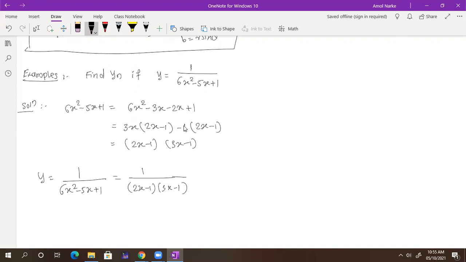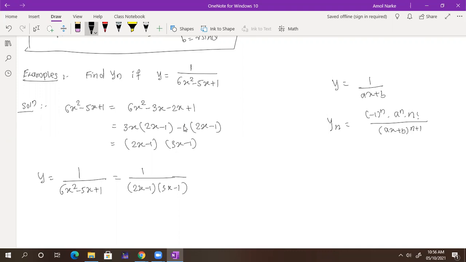Right now, if my y is equal to 1 upon ax plus b, then I have a direct formula for the nth derivative. yn is nothing but what we have calculated: minus 1 raised to n into a raised to n into n factorial, whole divided by ax plus b raised to n plus 1.